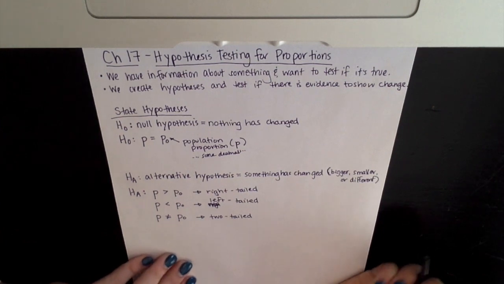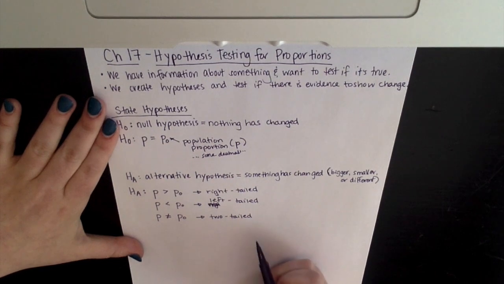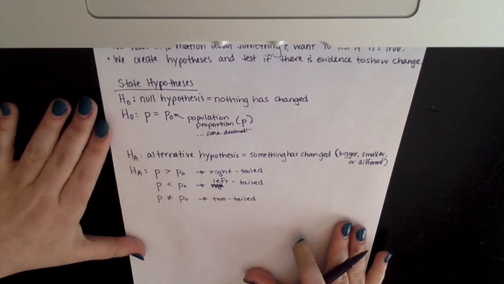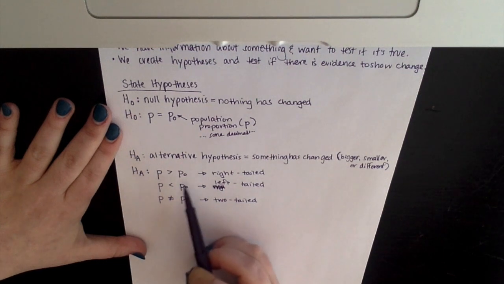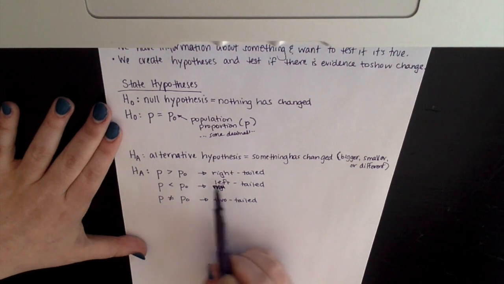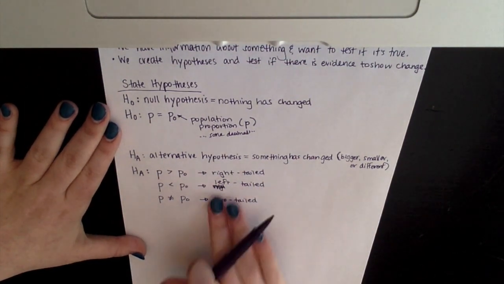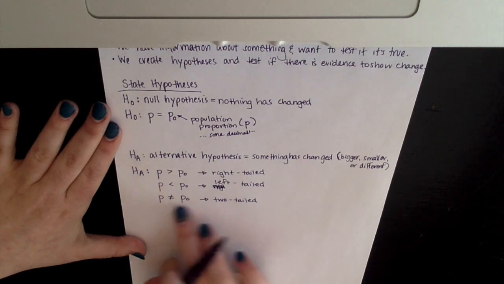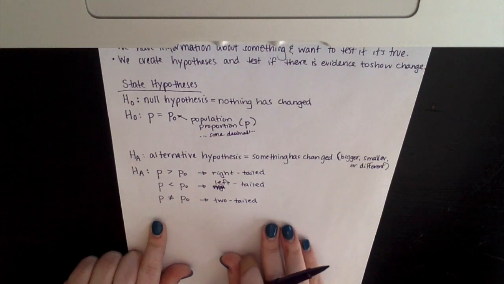When we do the work inside the calculator, we convert our population and sample proportion into a z-score, and we graph it. If the value is greater, it lies on the right-hand side of 0. If it's less, it lies on the left-hand side of 0. And if we're not sure, we graph two z-scores on either side.